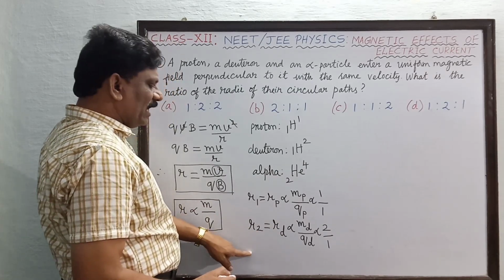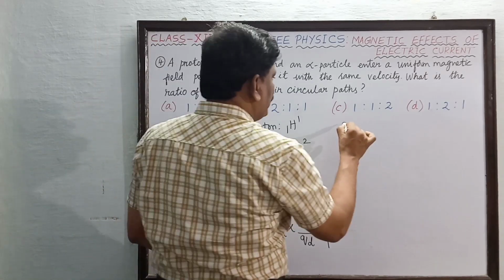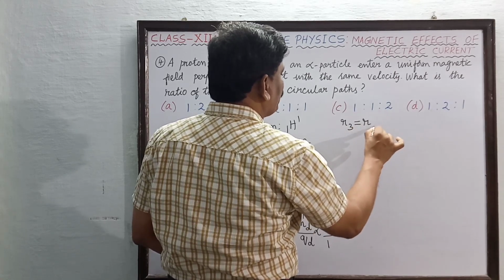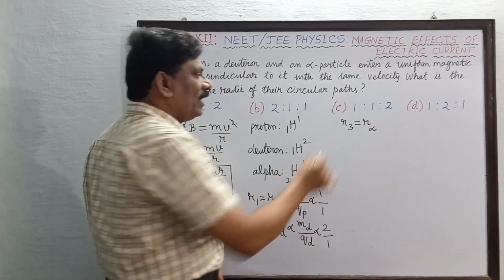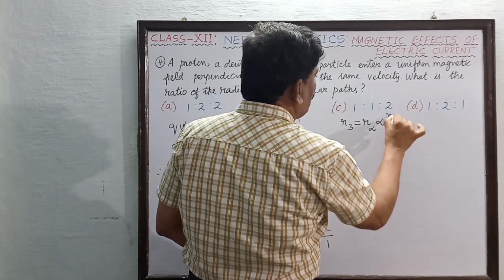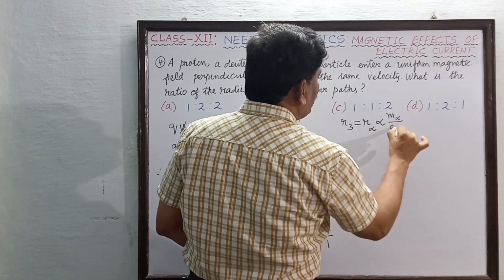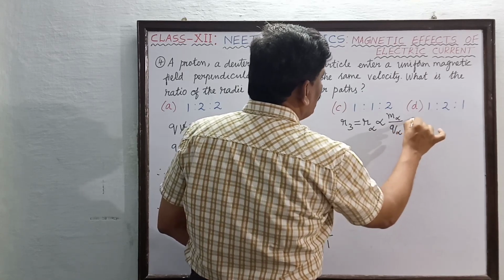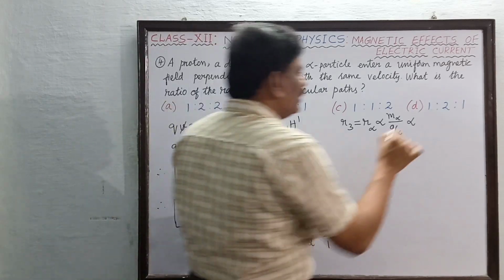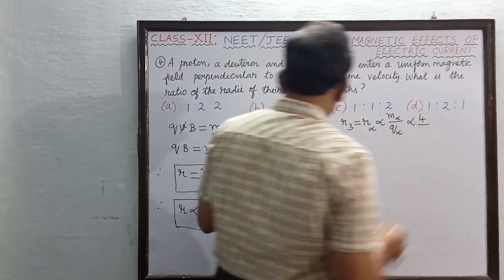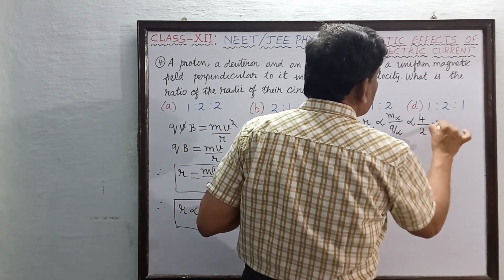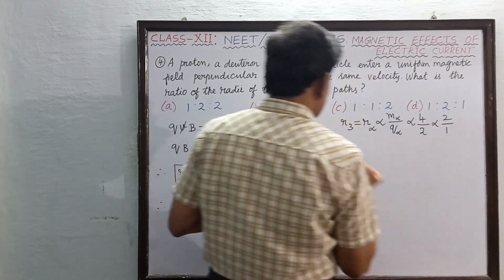Similarly, I will write R3, the radius of the circular path of the alpha particle. So R3, or R alpha, is proportional to the mass of the alpha particle divided by the charge of alpha. The mass is 4 units and the charge is 2 units. So 4 by 2, this is also 2 by 1.